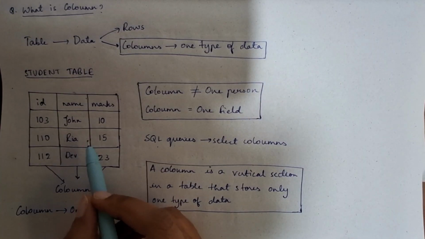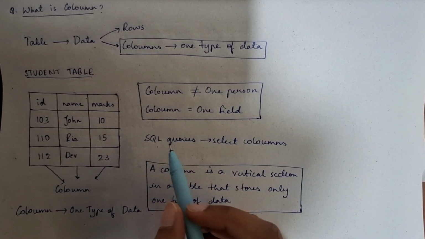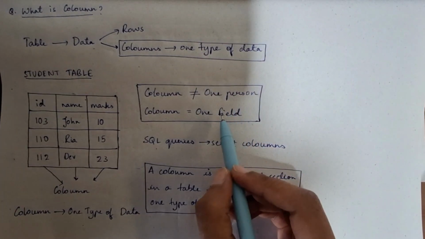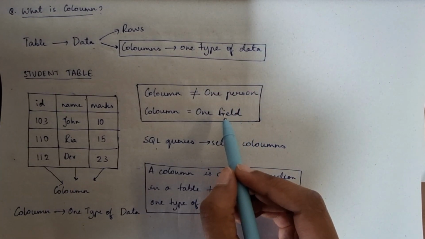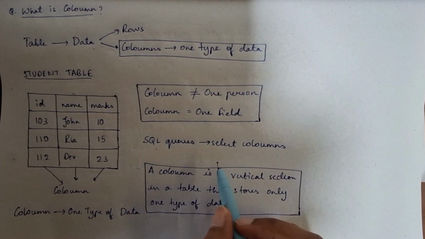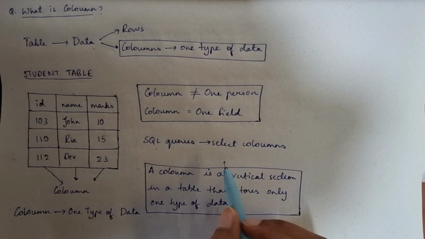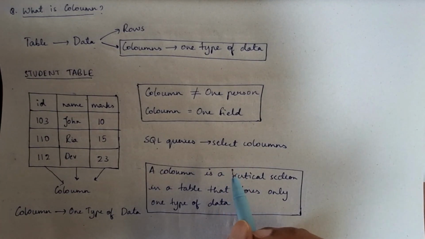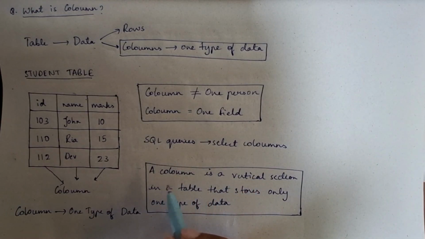And also this is very important guys, a column does not represent one person. A column represents one field. In SQL queries, we often select columns, for example, only the name column or the marks column. So finally, we can say that a column is a vertical section in a table that stores only one type of data.